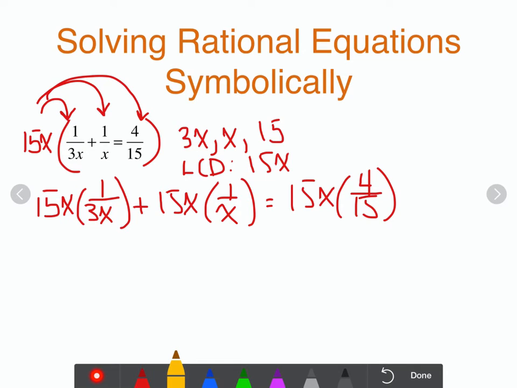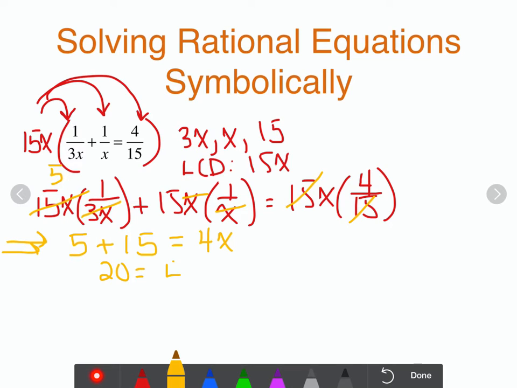Over here, the 3x cancels, and I'm left with 5 times 1, plus here the x's cancel, I'm left with 15, equal sign comes down, the 15's cancel, and I'm left with 4x.